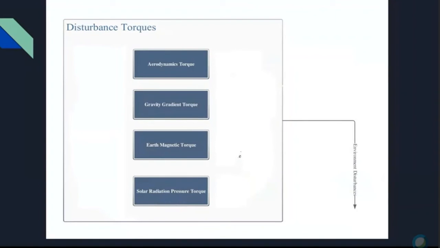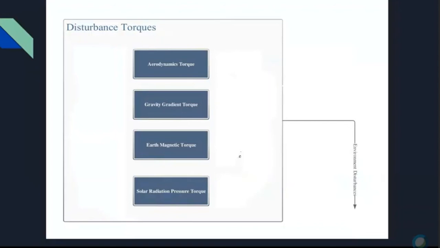You also have the gravity gradient torque. This torque is created due to the difference in Earth's gravity field, and usually should be taken into consideration for LEO satellites. However, the magnitude of this torque is very small compared to the aerodynamic torque, or smaller. Also, we have the Earth magnetic torque.